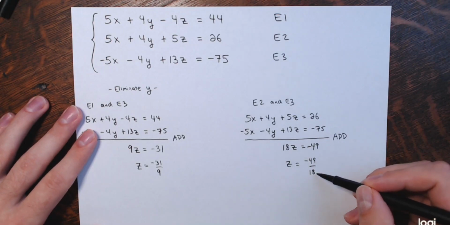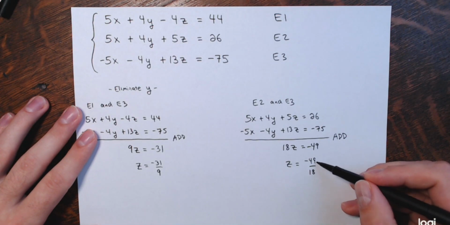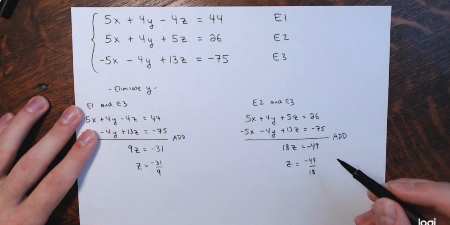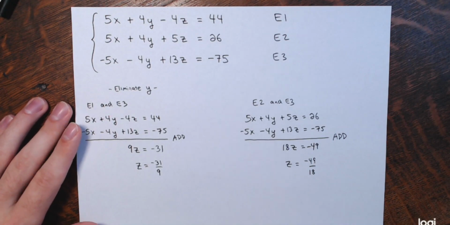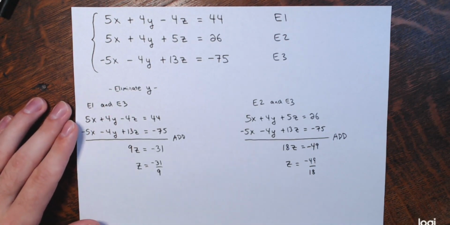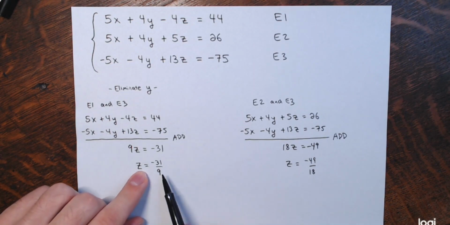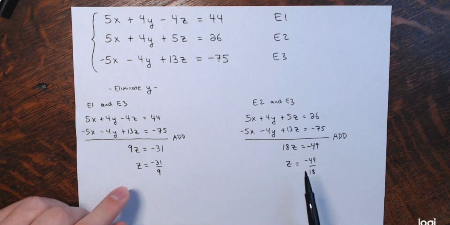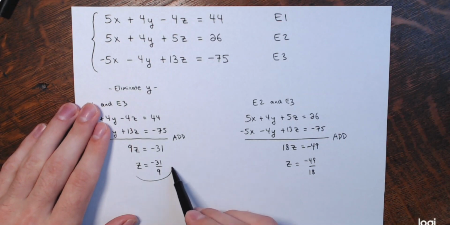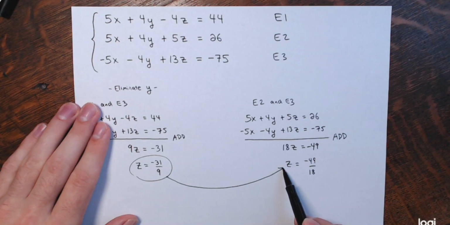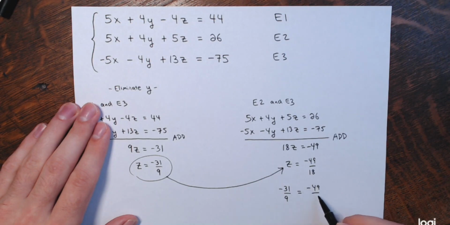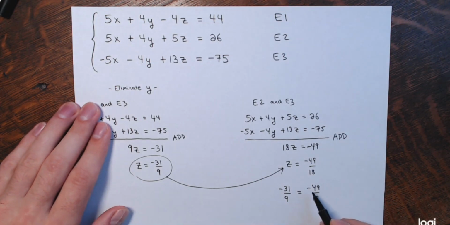This is 2 times 9, this is 7 squared. These don't have any common factors, so that's as simple as it gets. Well, wait a minute. How can z be this value if it has a solution, but also this value? If I substitute this value, negative 31 ninths, for z over here, then we'll have the statement negative 31 ninths is equal to negative 49 18ths, which is false.